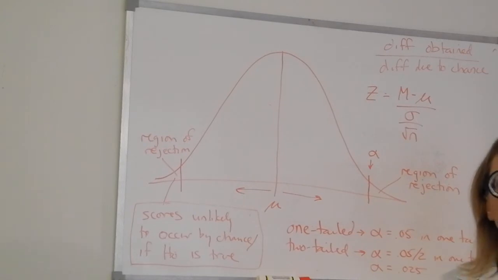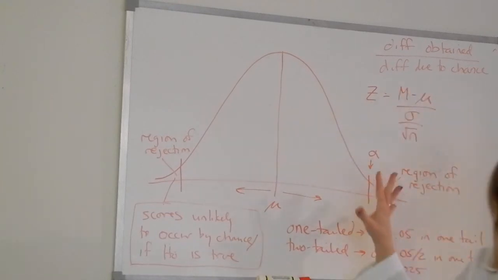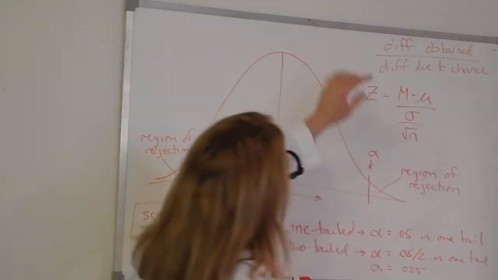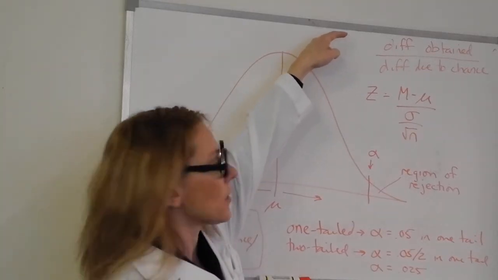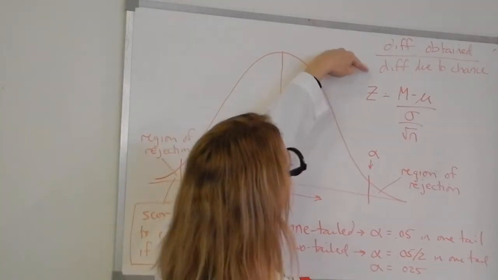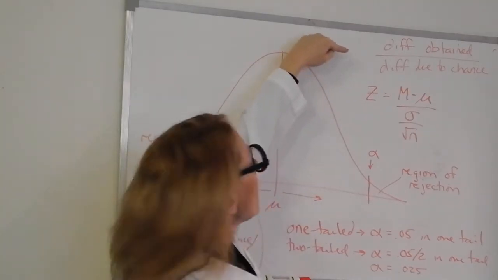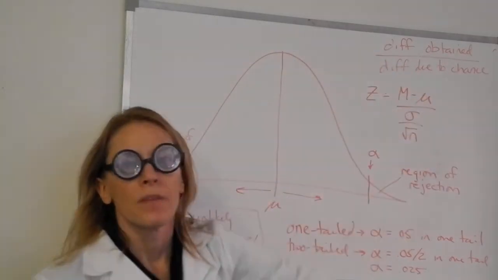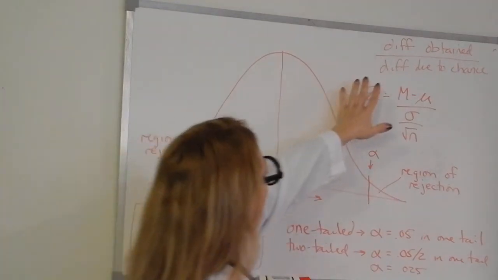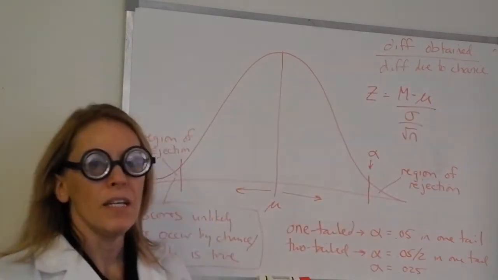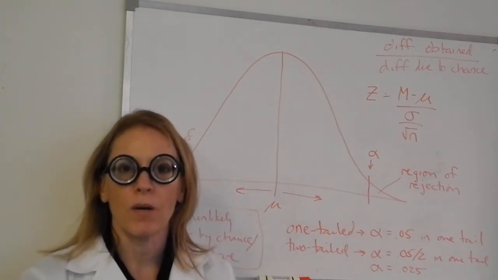In this first example that we're going to be talking about, we're going to be comparing a sample to a population. So what we're doing when we do hypothesis testing is focusing on the difference that's obtained between our sample mean and the population mean, and pitting it against the difference that's due to chance. We'll talk about the null hypothesis in just a minute, but the difference due to chance is basically that mess on the bottom of the equation that I've been talking about.